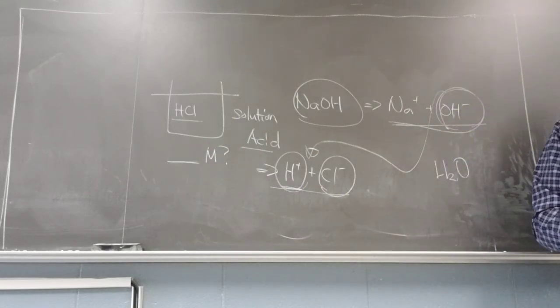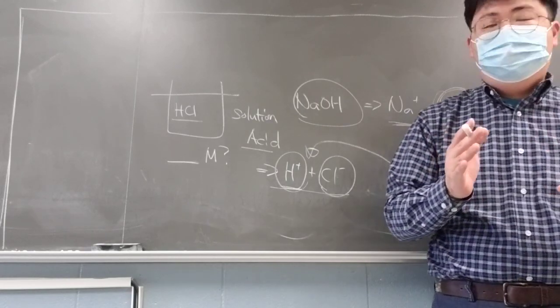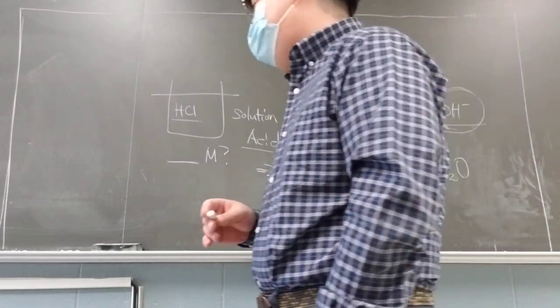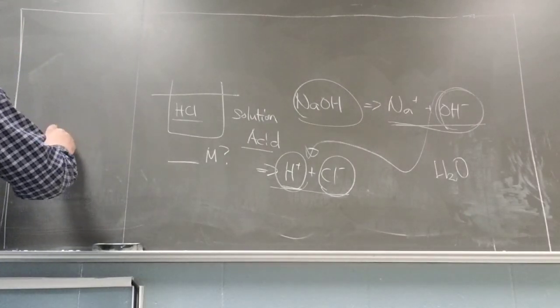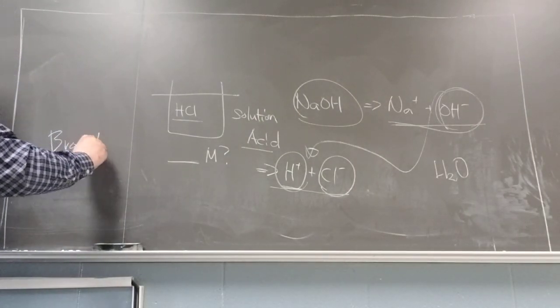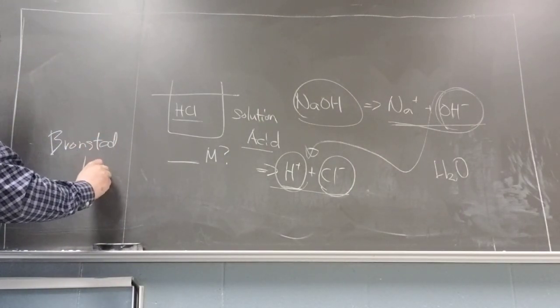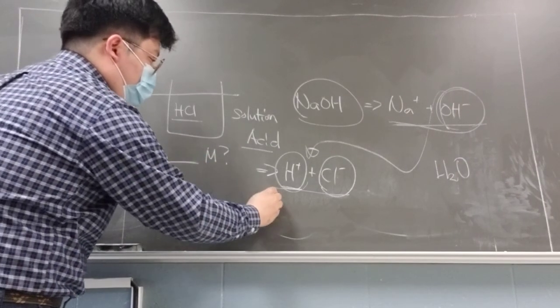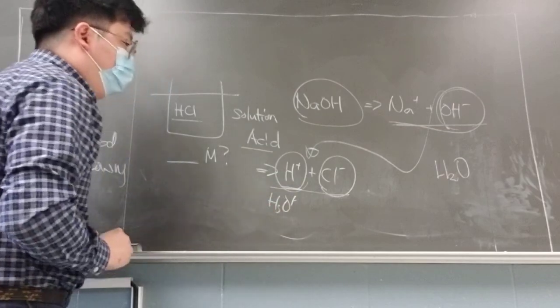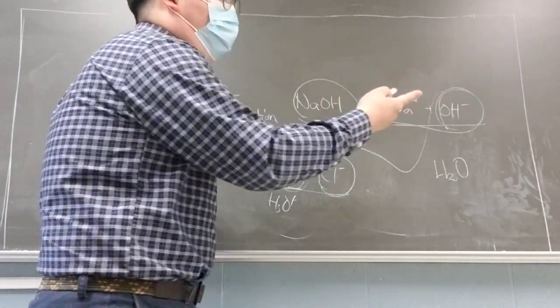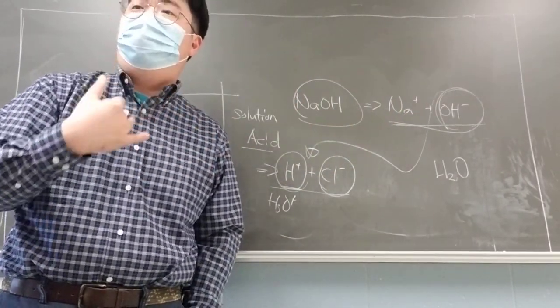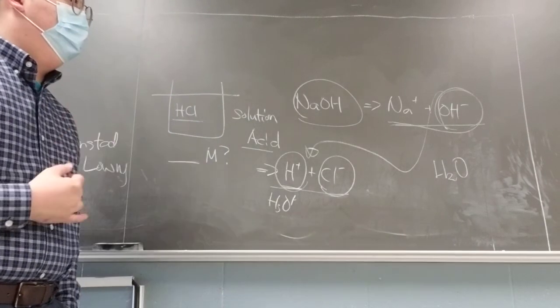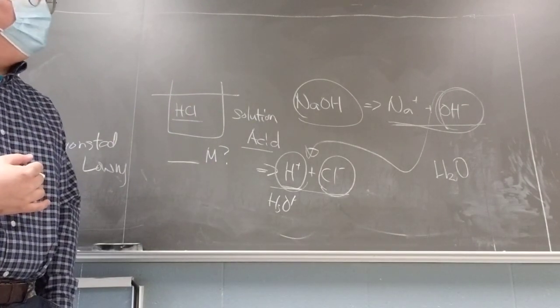Later on, once again, when we get to the Bronsted-Lowry definition, I'll talk about the hydronium cation. And the one without the hydroxyl anion can still be a strong base. Maybe later this semester.